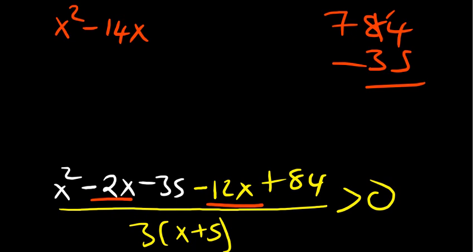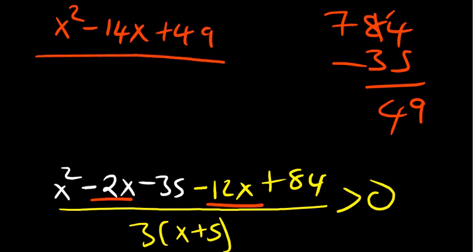You need to be used to working without a calculator because calculators are not going to be allowed. So 14 minus 5 is what? Is it a 9? Yes, 9. Then that is a 4. Plus 49. Over what? Over 3x plus 5.